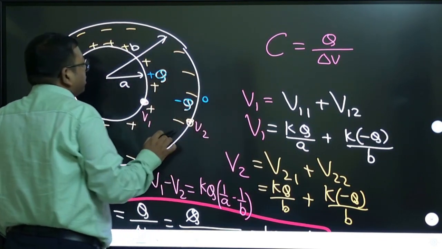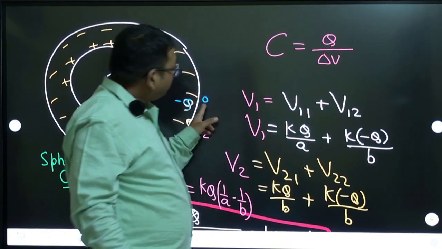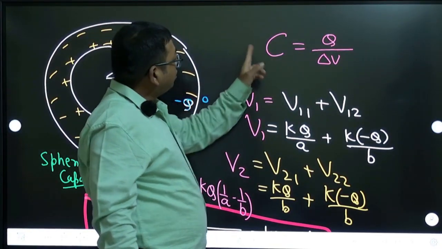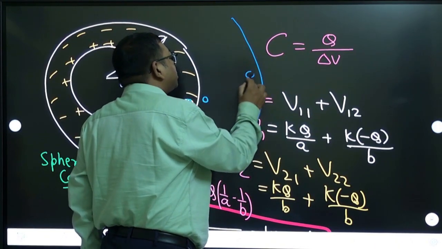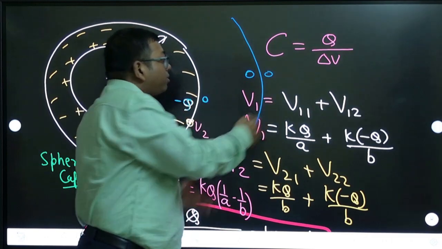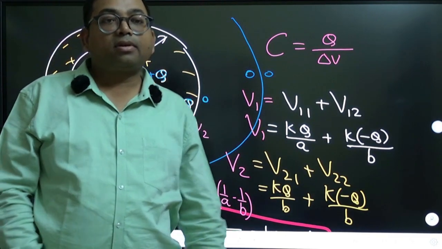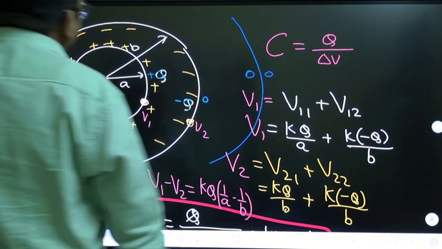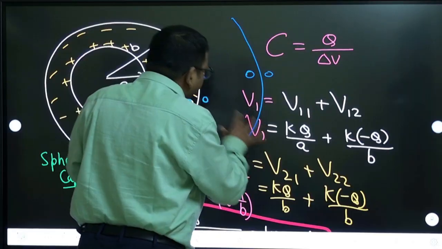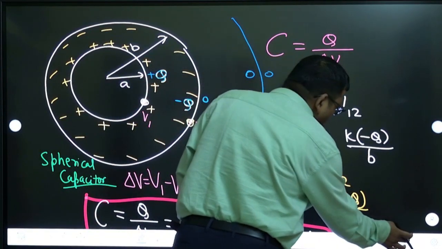Because the outer surface has 0 charge, even if you consider a sphere at infinity, you have to take 0 charge only. So there is no interaction between them. Understanding? Yes. So that is why we have not considered it earlier, but now we have to consider it in this case, because the outer surface has some charge.